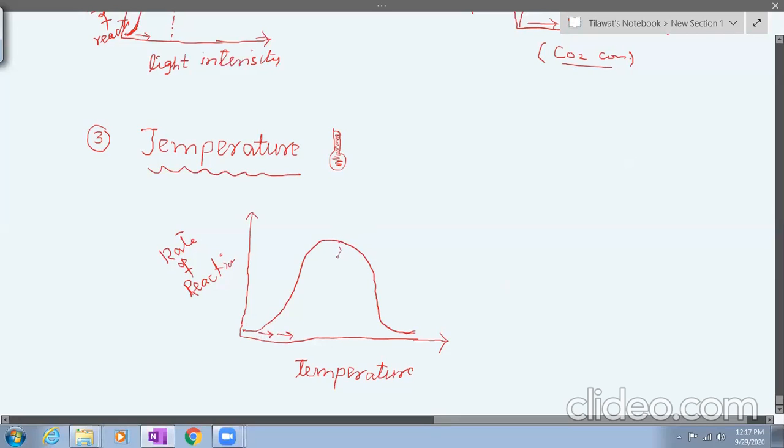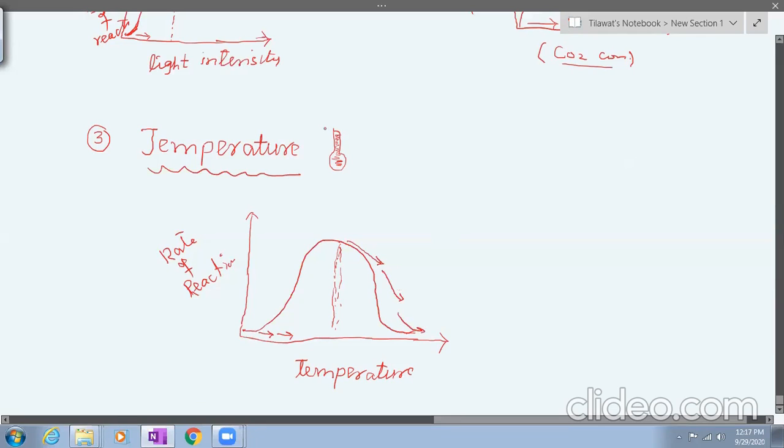It means that at this point, at this temperature, the rate of reaction is high. This is the optimum temperature for the enzymes involved in the process of photosynthesis. But above that, the rate of reaction decreases, even reaching zero.